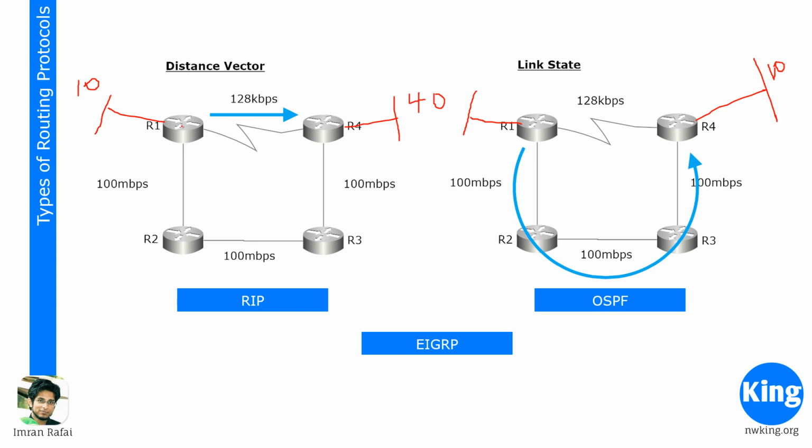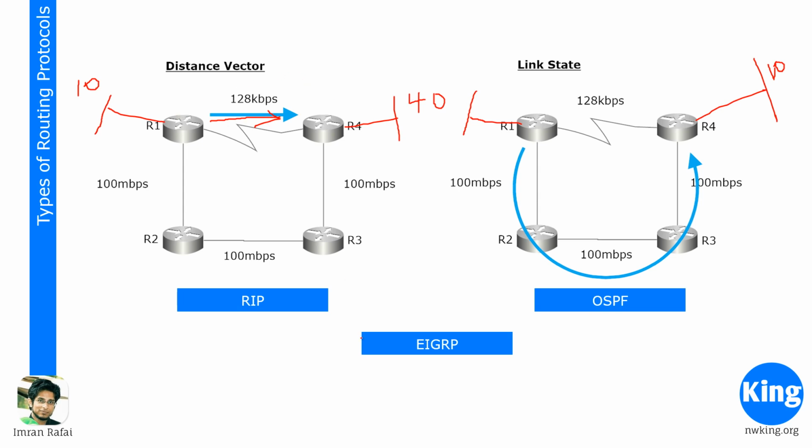The R1 routing table will automatically say that if you want to go to the 40 dot network, please go through this. Why? Even when this is faster, it will always choose the shortest path. That is the algorithm. The algorithm is shortest path first. It has only one hop, just one hop, and it reaches 40.